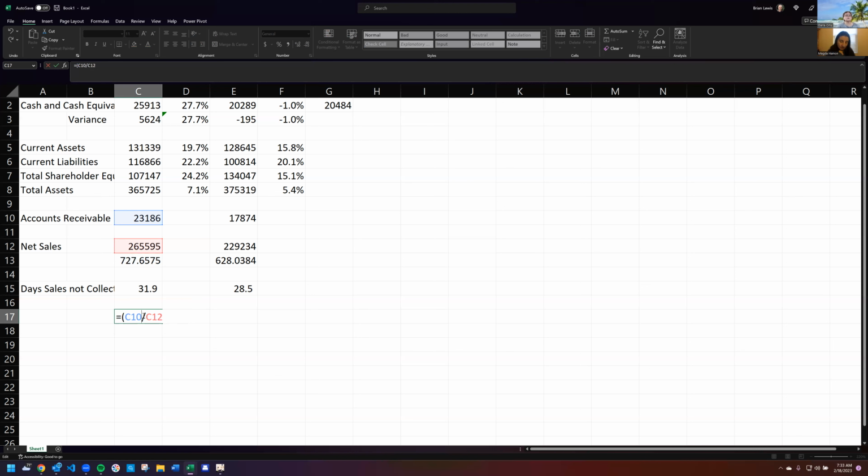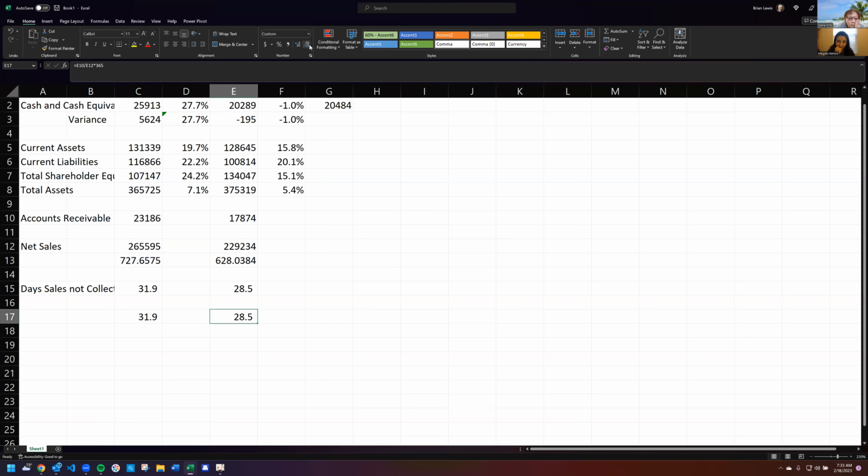Let me add this and divide by 2. No, it's not. Forget it. I'm making things confusing. So average accounts receivable divided by net sales times 365. I get the same number. I got the same number. That is amazing.